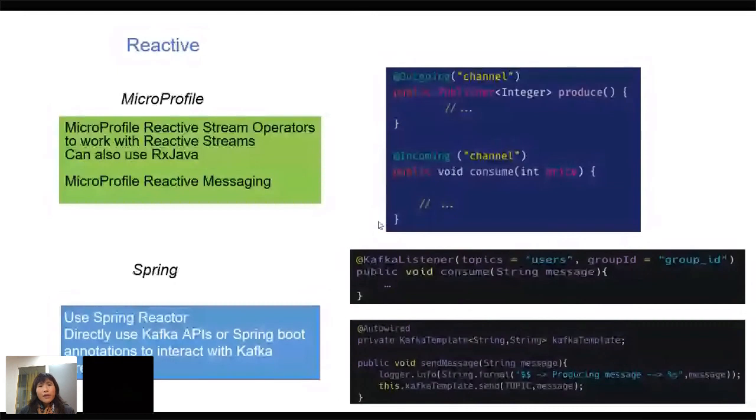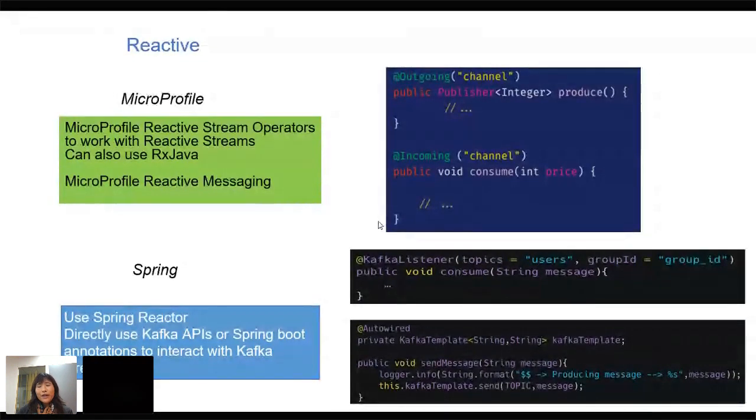In MicroProfile, we created at least two well-used annotations. One is @Outgoing, the other one is @Incoming. @Outgoing is a kind of publisher, so you publish messages to the message broker. @Incoming is where you create a consumer to directly consume from a channel.